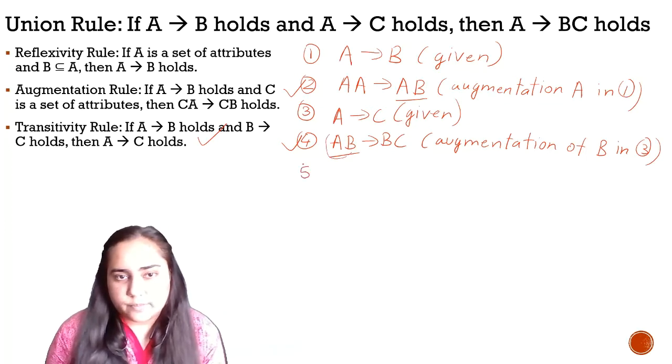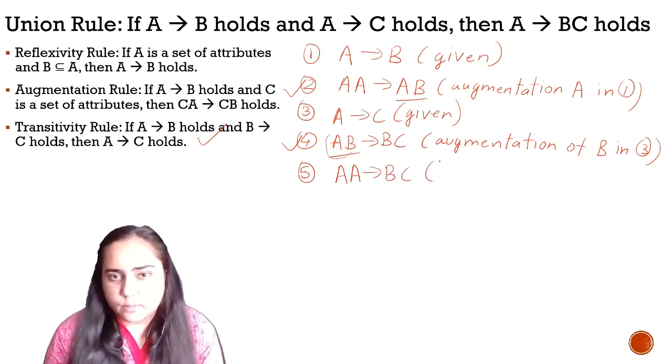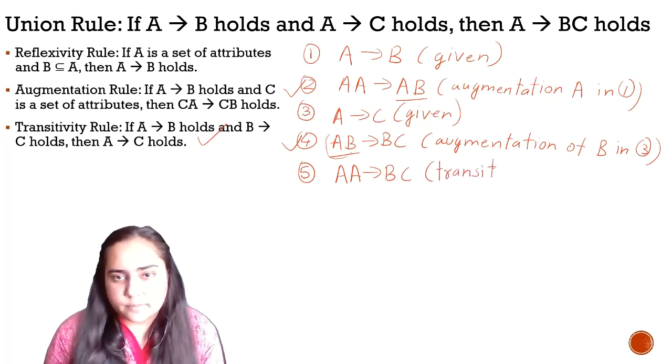So this would lead me to AA determines BC, and it's fairly simple now, but we need to mention everything. So this is transitivity of rules 2 and 4. So that gives me transitivity.